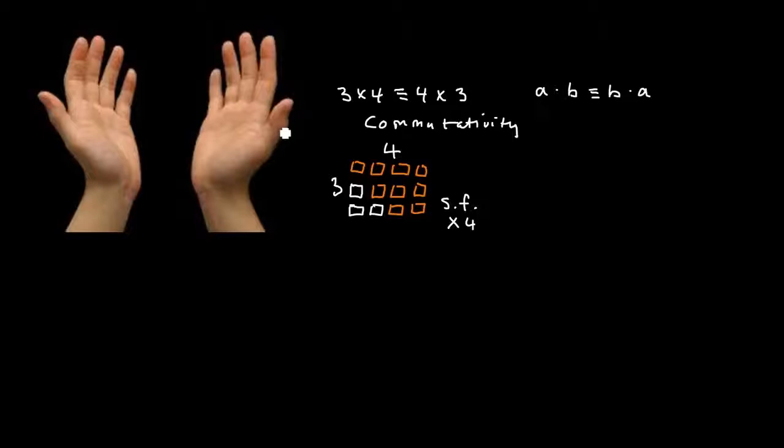Here we've got hands, and the hands are made up of fingers. The result of adding up all the fingers is 10. We'll have 10 fingers, and we've got bunches of 5s. So we've got 5, let's say F for fingers, so 5F plus another 5F gives us our 10 fingers.